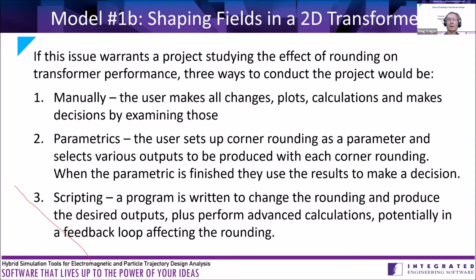So on a given design, that's one thing. But if this is a very general thing, if you're going to want to do this over and over on multiple designs, or you want to do it in a way that isn't parametric, let's say there's other kinds of rounding you want to look at.